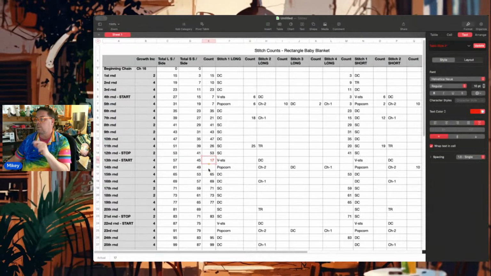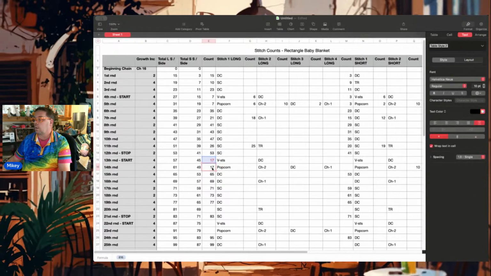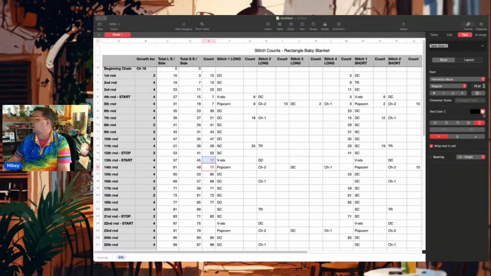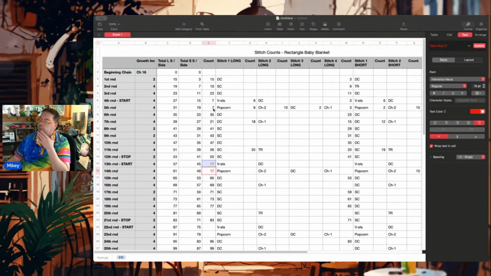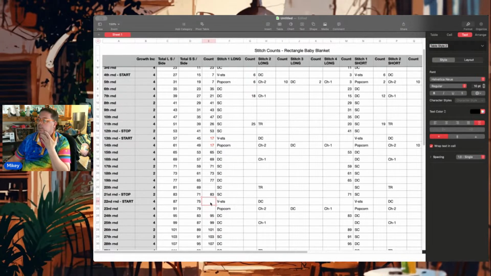And we know that there is going to be the same number of popcorns because they're sitting inside the V-stitches. So we're going to equal that same number. And we're going to change that color. And so what was the differential? So if there was 7 V-stitches here, now there's an extra 10. So then this number here is that there would be an extra 10 there.